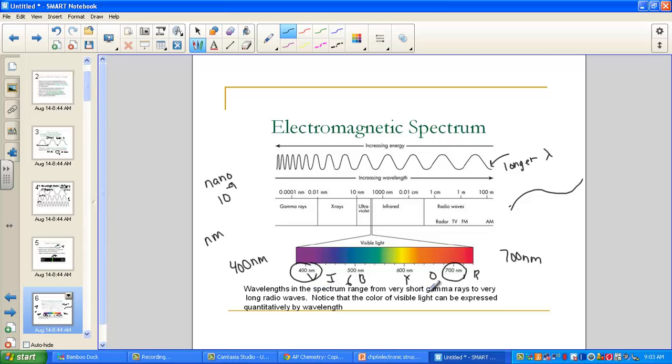Wavelength in the spectrum was very short gamma rays to very long radio waves. Notice the color of the visible light can be expressed quantitatively by wavelength, from reds to violets. As the wavelength lengthens, we get over to the oranges and reds. As the wavelength shortens, we get to the blues and the violets. And the greens and the yellows lie somewhere in the center of our rainbow.